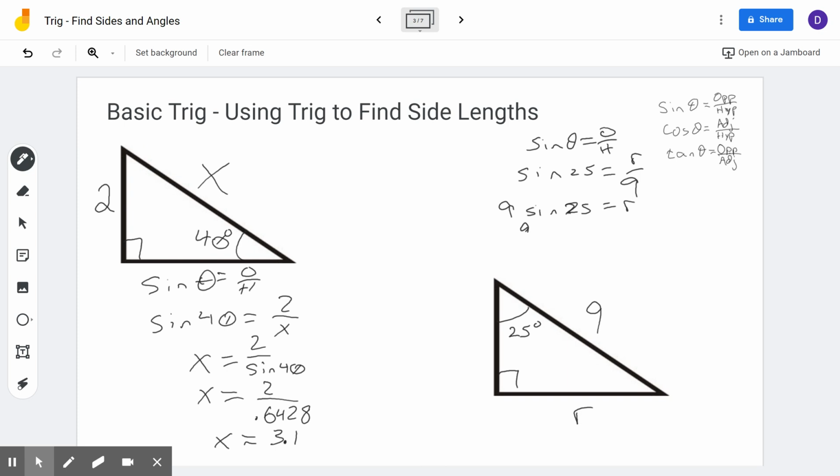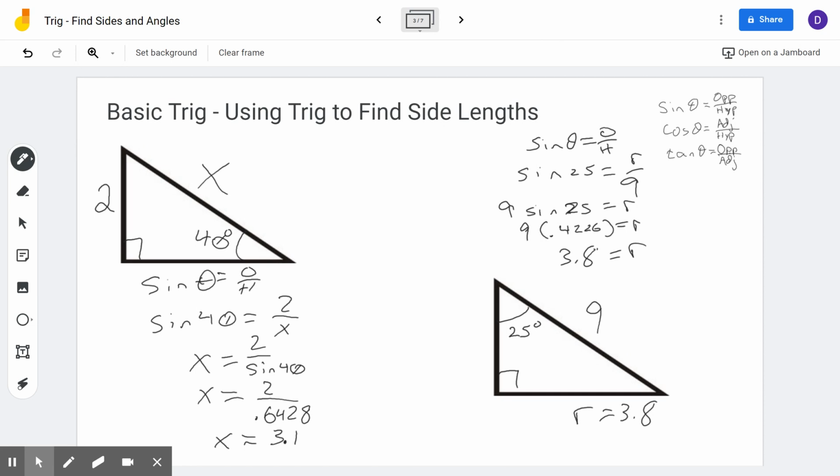And that's going to be 9 times 0.4226 equals r. Therefore, r equals 0.4226 times 9, which is 3.8. So r is 3.8. Okay, that's using trig to find side lengths.